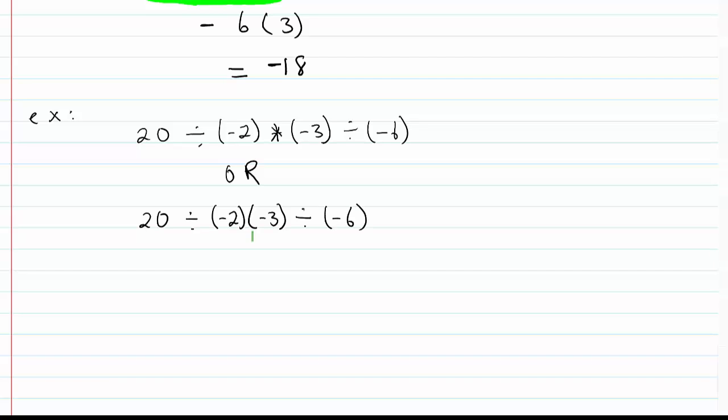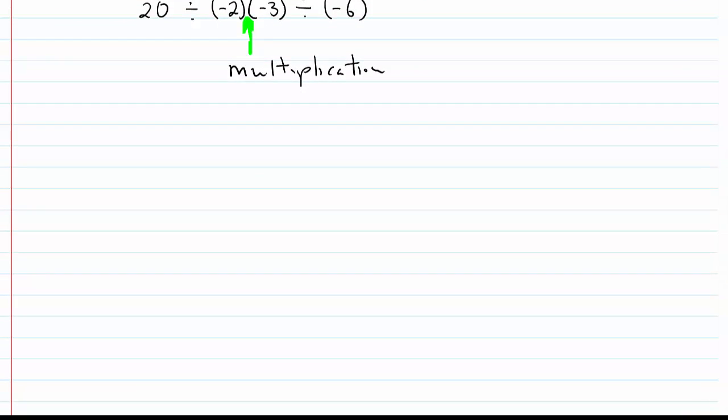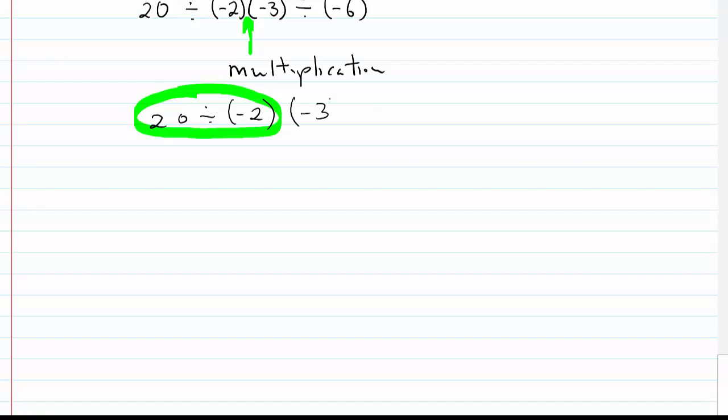So it is understood that in between there is multiplication. Since the problem only contains multiplication and division, I can work left to right. So 20 divided by negative 2 first. And when I'm finished with that, then I will multiply the result by negative 3 and then divide the result of that by negative 6.